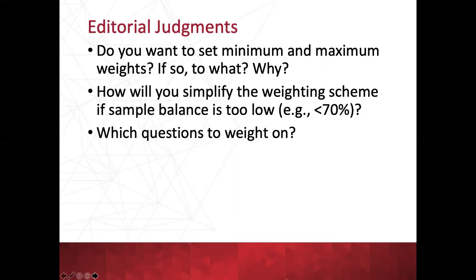So even if the weight should have been 10, we're going to say that all of the weights above 5 are set to 5. All of the weights below 0.2 are set to 0.2, but there's no research on that. There's just sort of practices that different organizations seem to have inherited from the past or from other projects that they've worked on. Some folks will tell you it should be 0.33 as a floor and 3 as a cap.